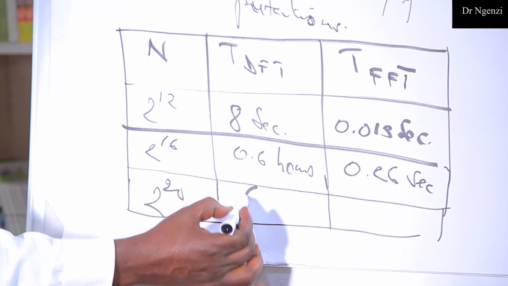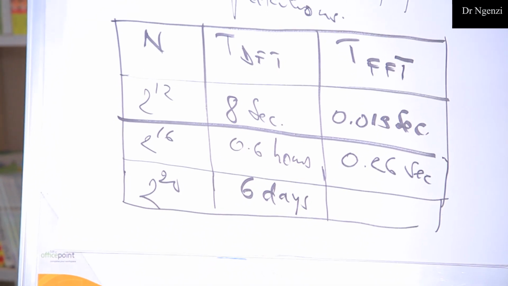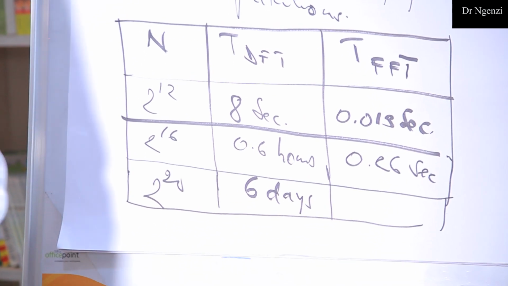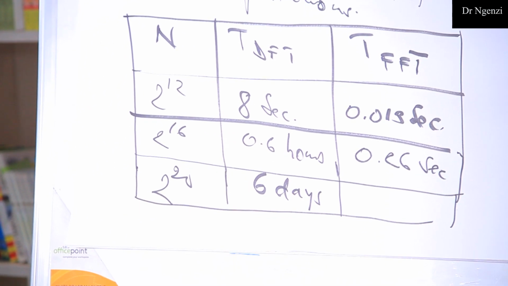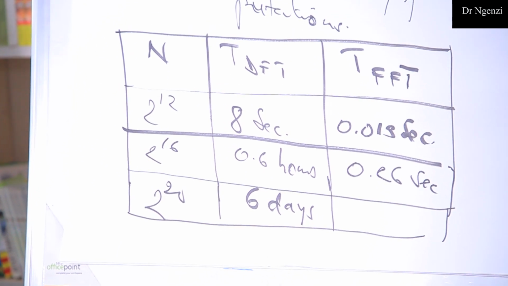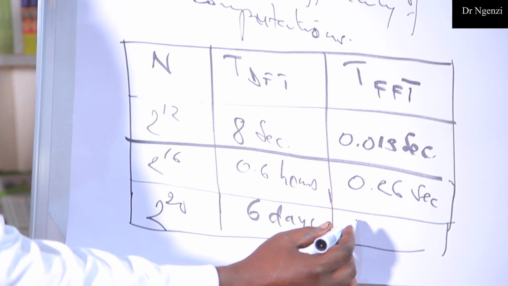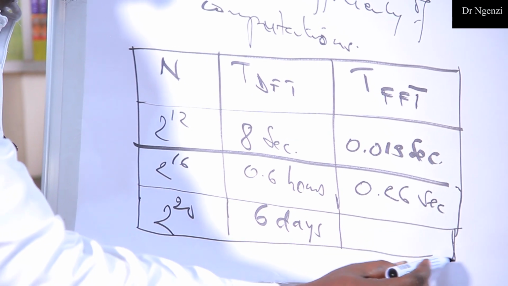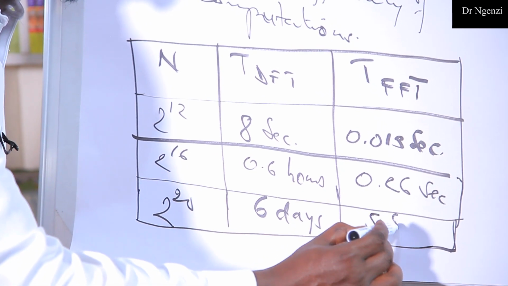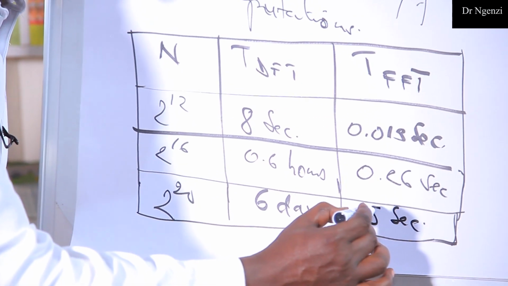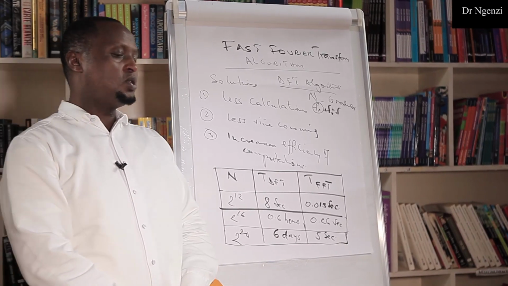You can imagine, 6 days. But guess what is going to be our FFT? It's going to be only 5 seconds. It's just a small period of time. It's going to be very reduced, only 5 seconds. You can imagine.